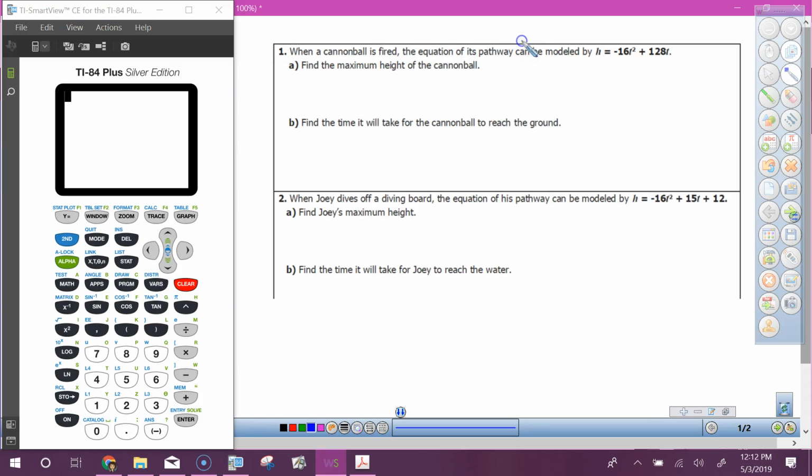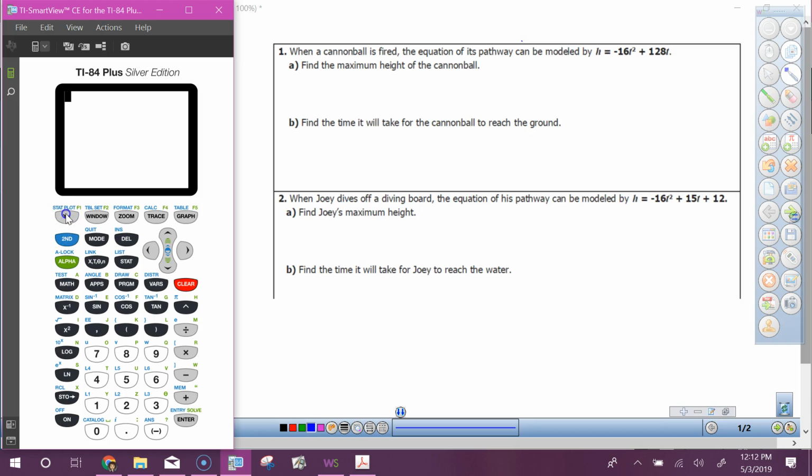Right, so on page 84, it says when a cannonball is fired, the equation of its pathway can be modeled by its height equals negative 16t squared plus 128t. What are your y equals? Enter in your equation.